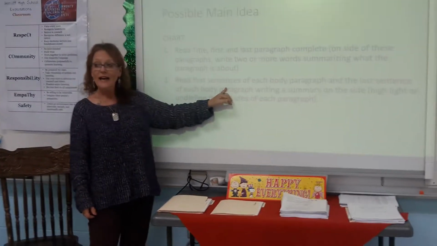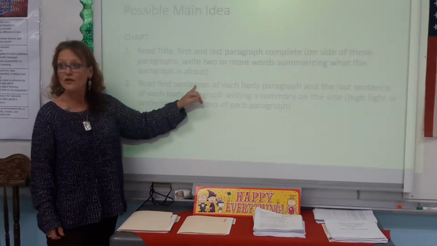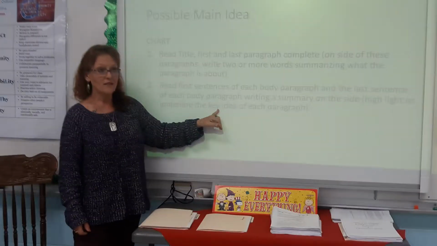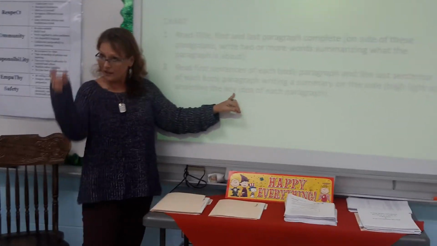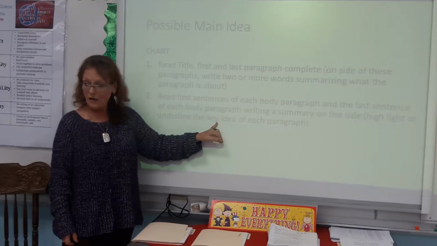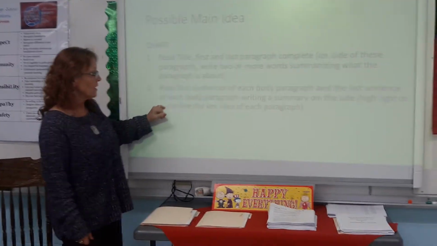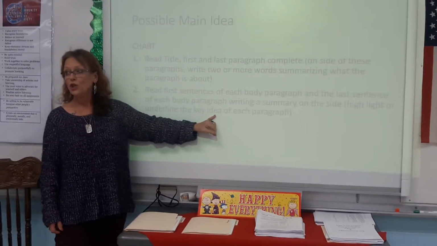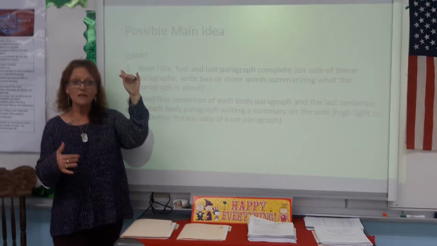So right now, you're going to continue: read each body paragraph's first and last sentence, and on the side of each body paragraph write a 2 to 3 word index of what it is. Do not read the whole paragraph, okay? And I want you to underline the key term, the key idea. It's going to be either in the first sentence or the last sentence.